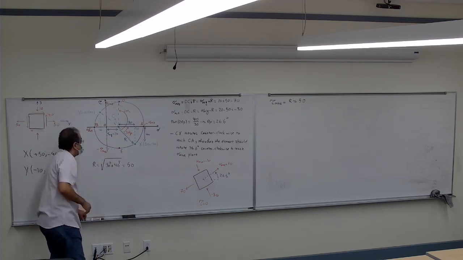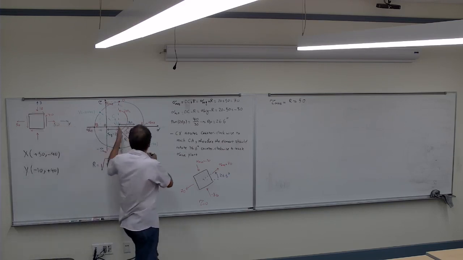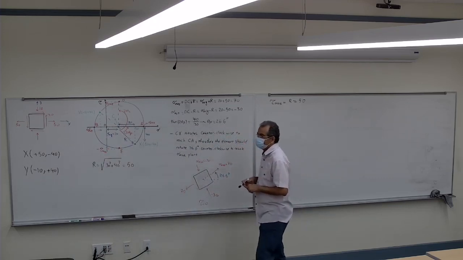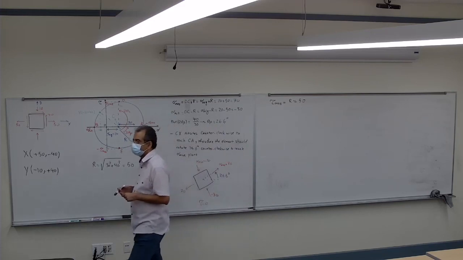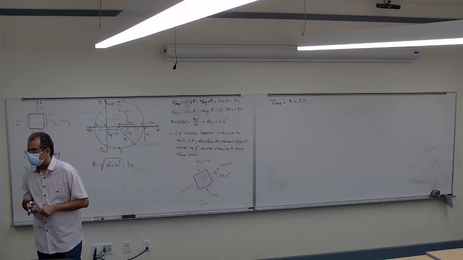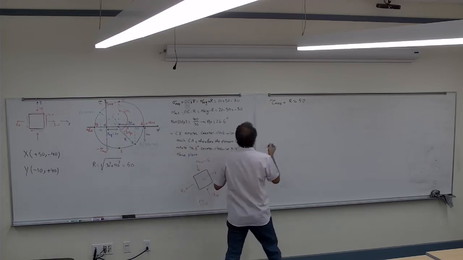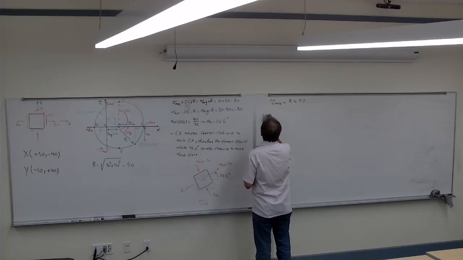Now, what's the relationship between the 2 theta s and 2 theta p? 2 theta s is 2 theta p plus 90.